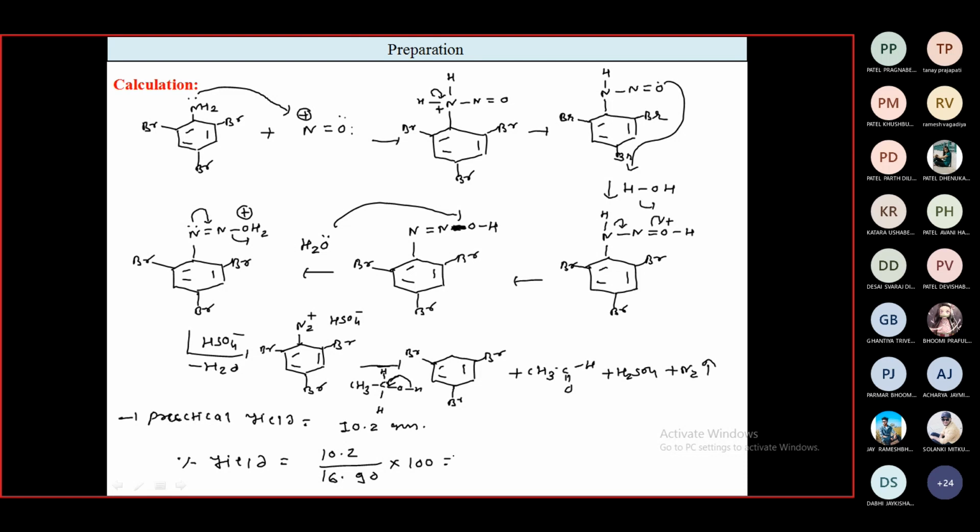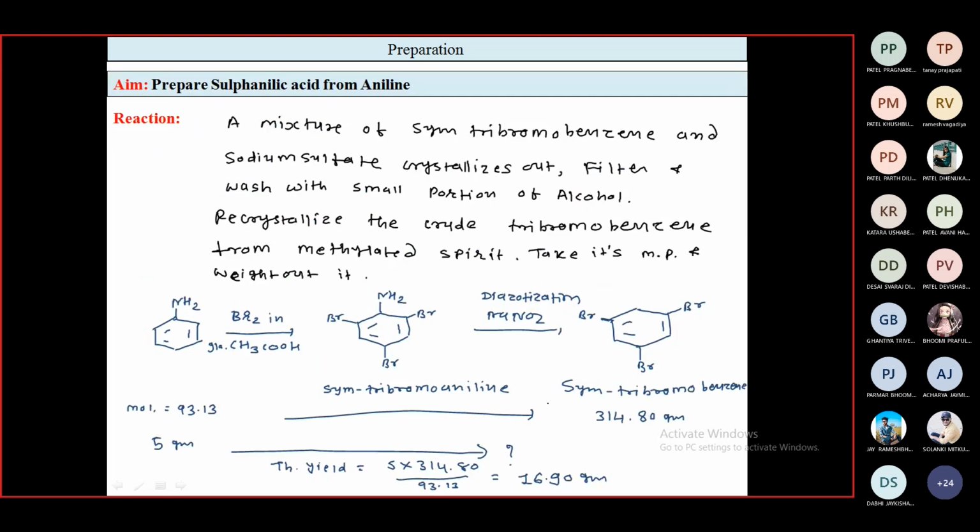So it becomes 63.0%. Okay, you can write down the result in the same way as in earlier practicals. So any doubt in this preparation, you can ask me. Otherwise, we move to the last one. Is there any doubt? Fine.